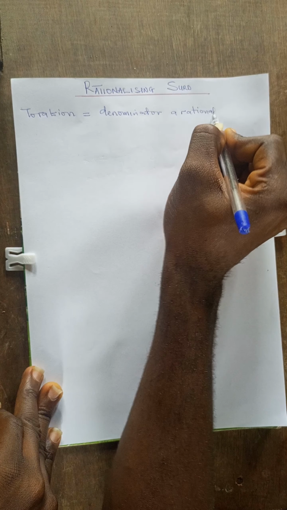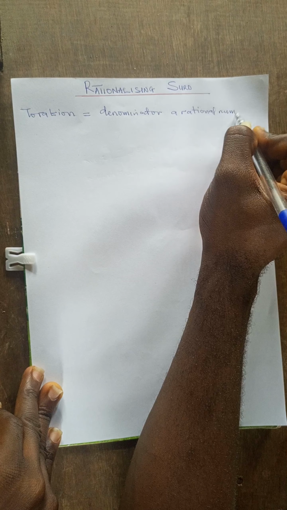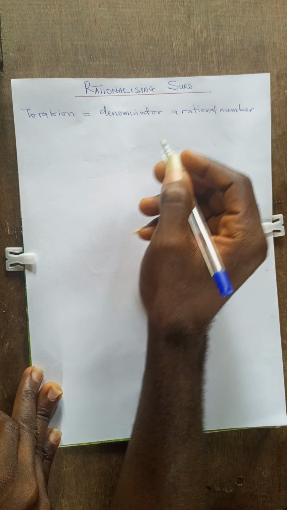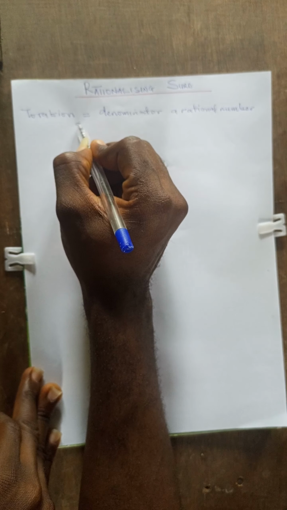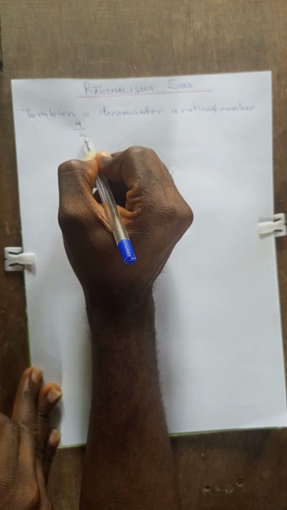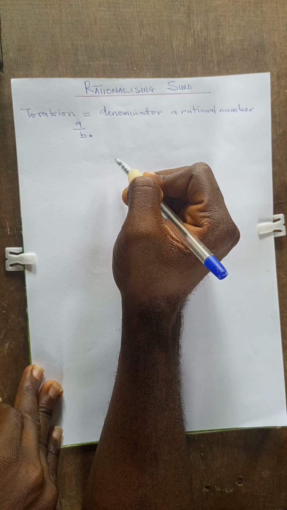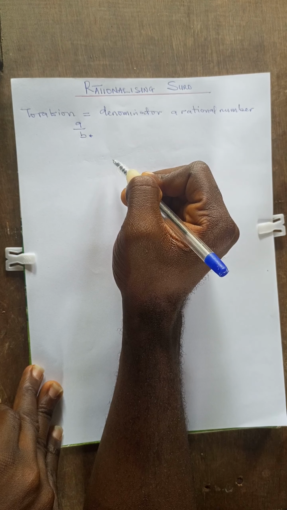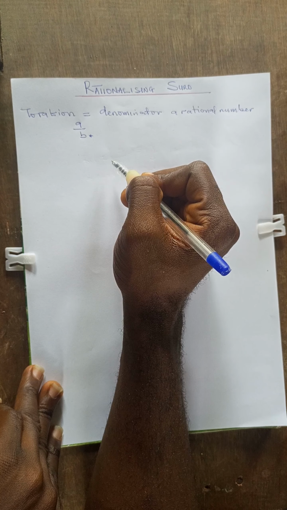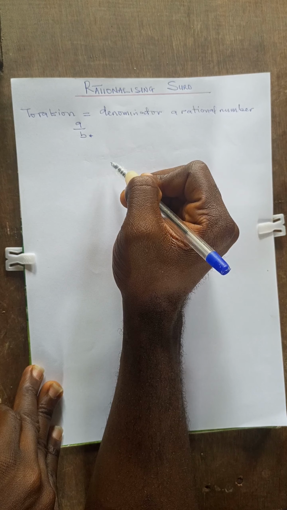The first thing we need to look at now, wetin be denominator? Now when you get a fraction like a over b, this one wey dey for down na wetin we dey call denominator. So when they say rationalize, e mean say you go make the denominator a rational number.